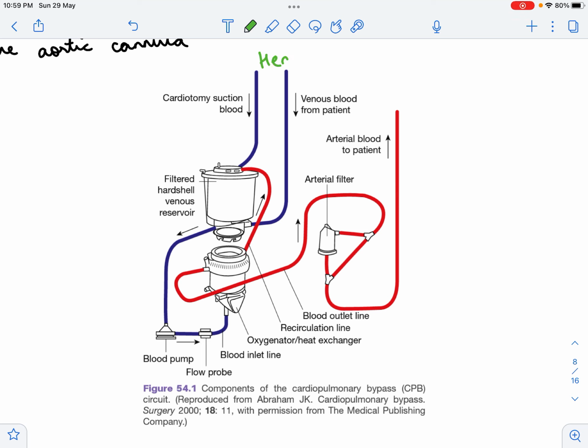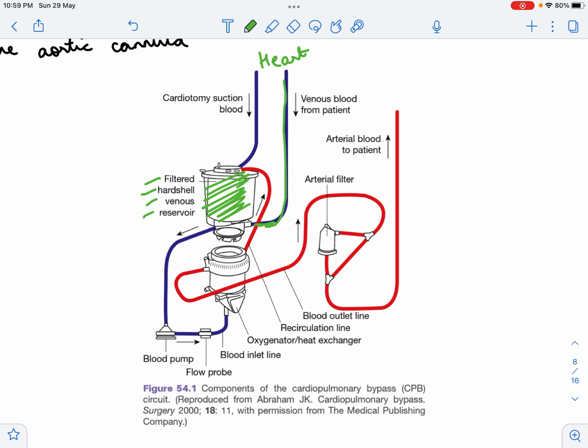The venous blood from the patient is entering your reservoir. This is your filtered hard shell venous reservoir. Also, there is something called cardiotomy suction blood.